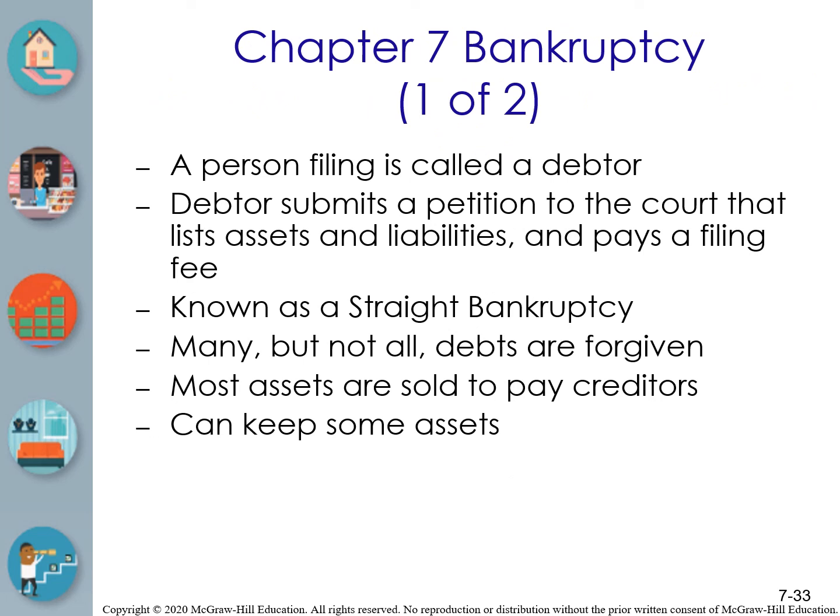Chapter 7, person filing, is called the debtor. Debtor submits a petition to the court that lists assets and liabilities and pays a filing fee known as a straight bankruptcy. Many, but not all, debts are forgiven. Most assets are sold to pay creditors. You can keep some assets, including your home, your vehicle for work, I think.